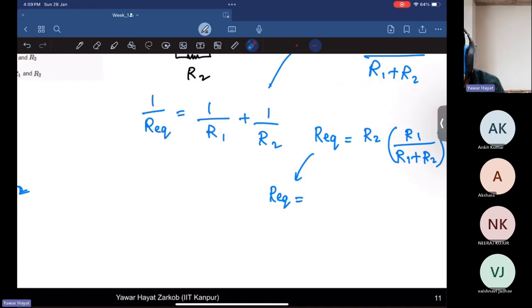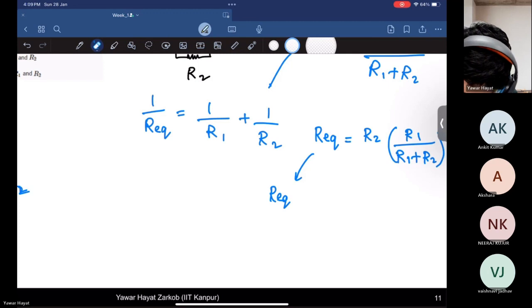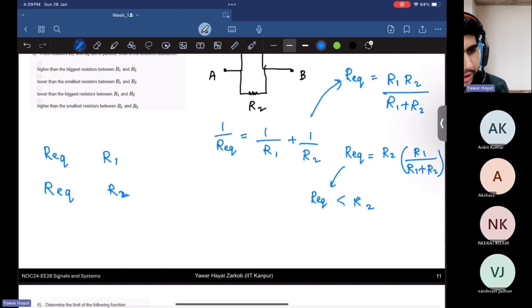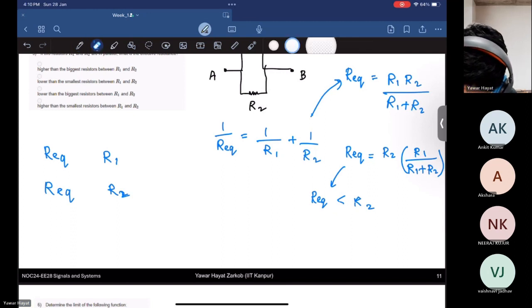Then can you comment on this one? Sir, its value will be lower than 1. Yeah, the value will be lower than 1. So we can write the following relation. Let's comment on strict.